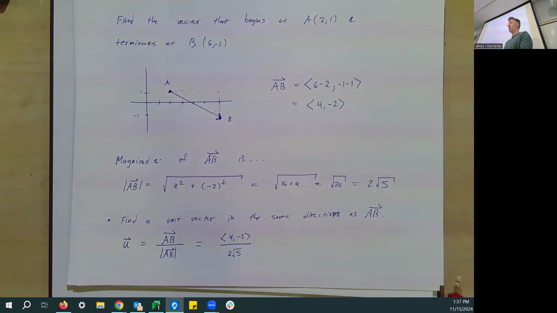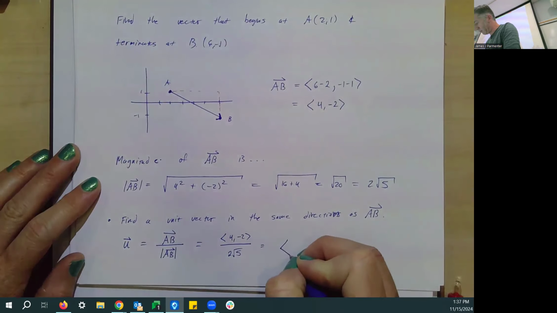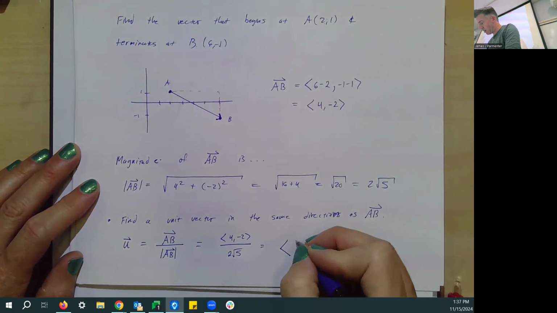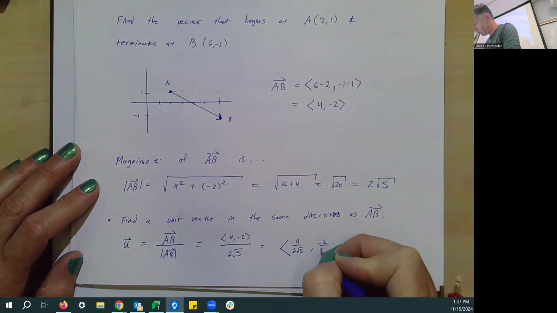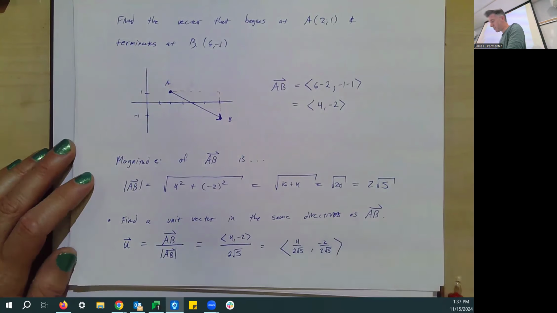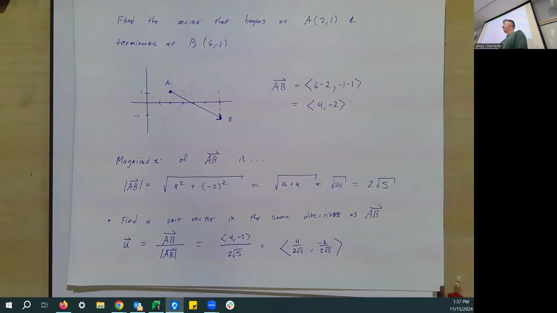That's a perfectly fine way of writing your answer. You might prefer to write it as each component divided by 2 root 5, so 4 over 2 root 5, comma negative 2 over 2 root 5. We don't typically rationalize our denominators here. I don't know why, other than people are just lazy, but we usually don't.